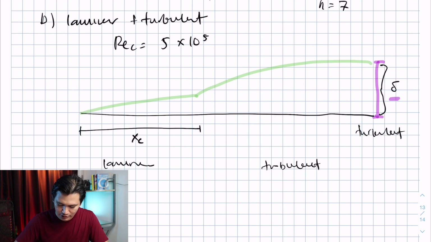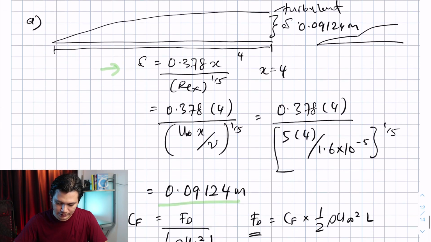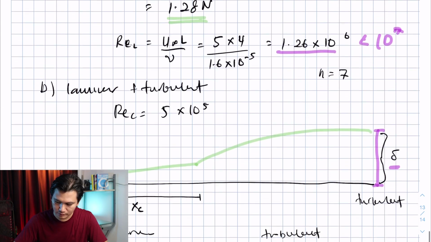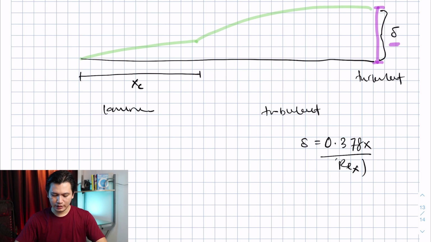So del is actually 0.38, is it 0.38? Sorry, 0.38 times x divided by Rex to the power of 1 over 5. Okay, now the only thing that we need to find out in order to find del is x.